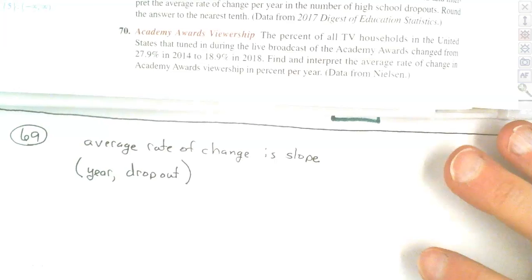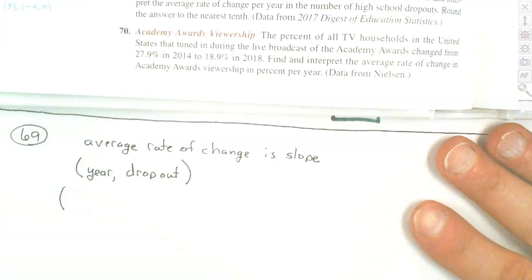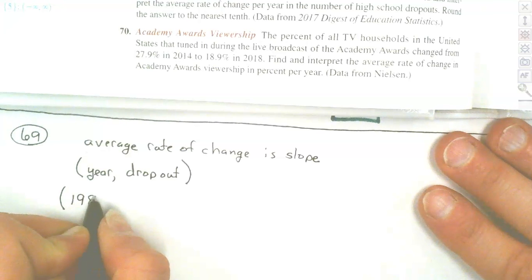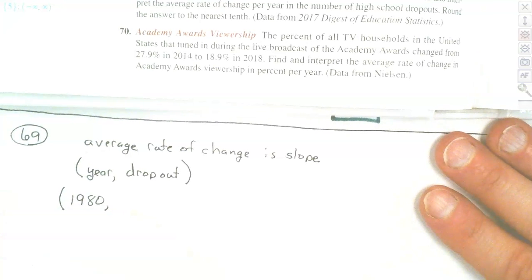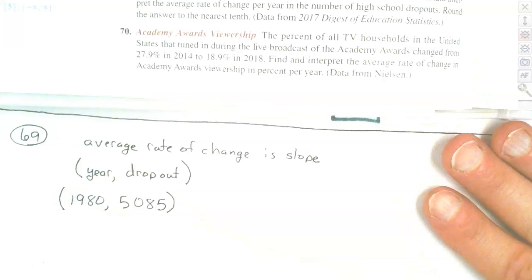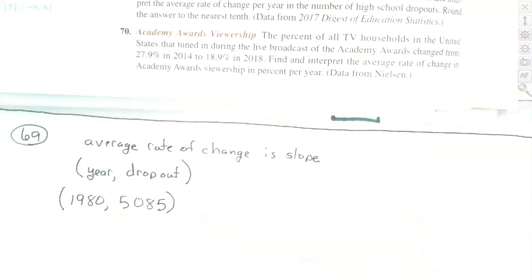So let's come up with our ordered pairs. When we first read this problem, we're looking at the year 1980, and we had 85,000 dropouts. So that's your first ordered pair. So time always goes first.